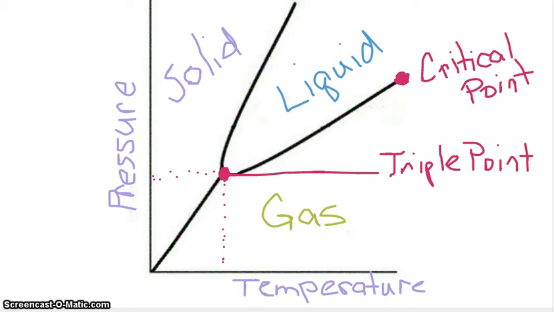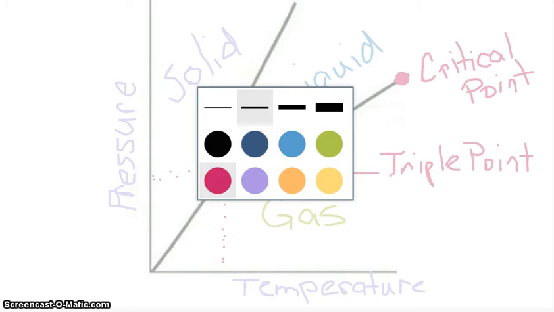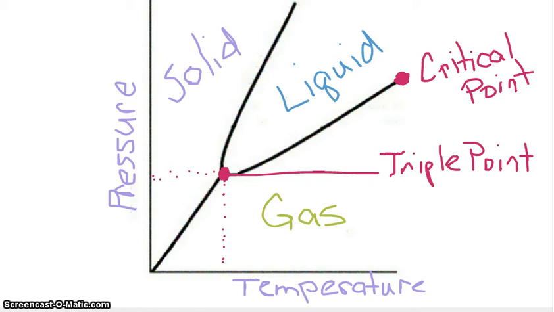Okay, and then the last part we need to actually go through and remember about these charts is that each one of these lines between these states represents an equilibrium between the states, or a phase change. So that means if we are right on the line itself, so if we were actually to label that line, that's an equilibrium between a solid and a liquid.